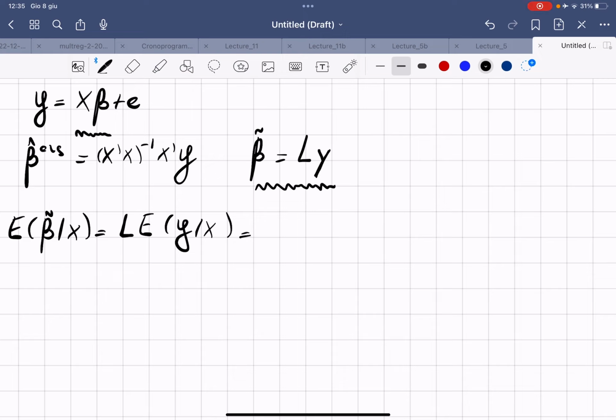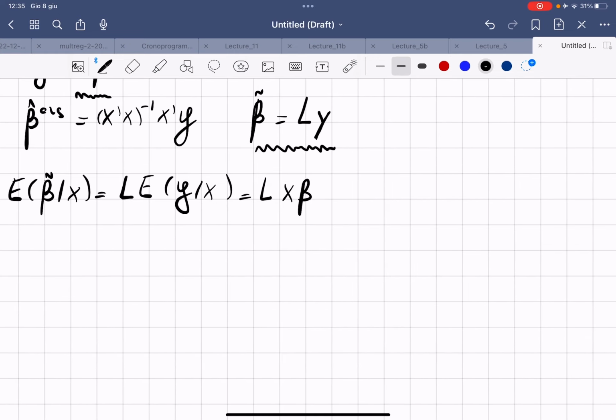So we have L multiplied by X beta, and we need this estimator to be unbiased, so we need this to be equal to beta. So our condition is that LX is equal to the identity matrix.